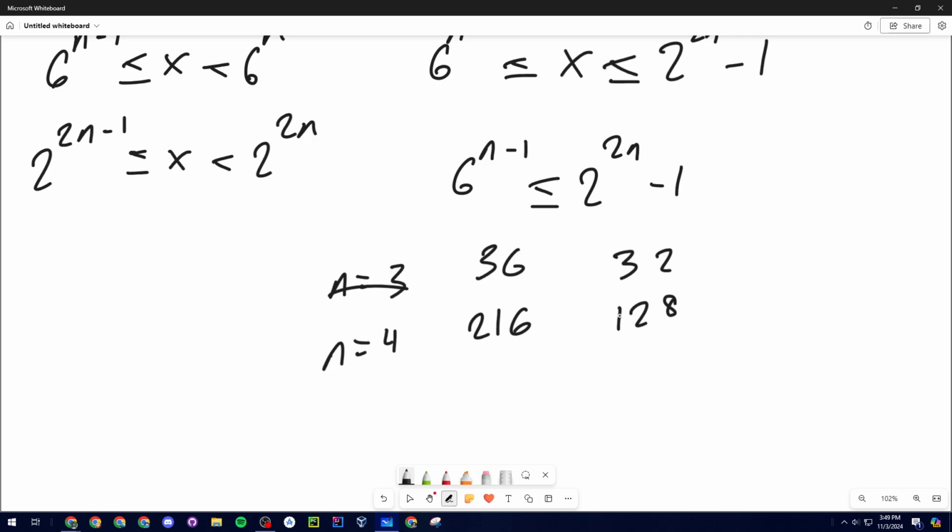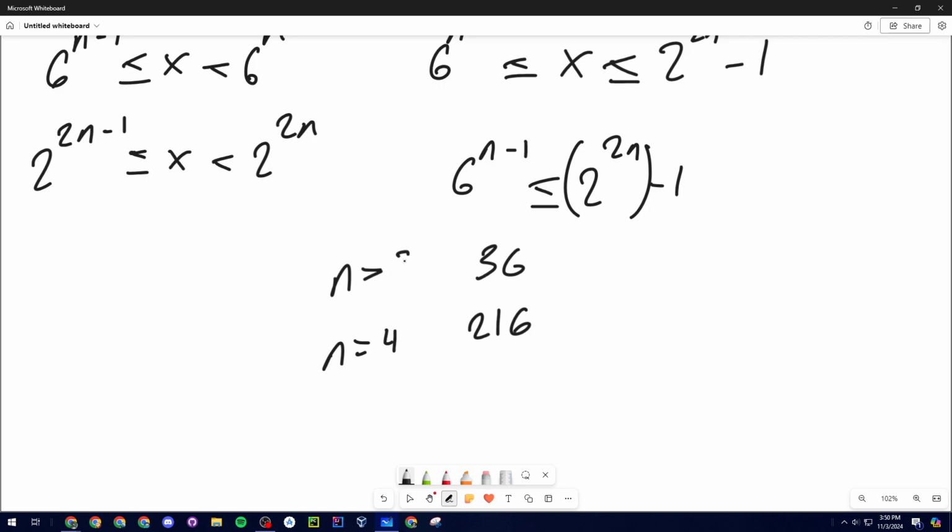Oh, I did do that wrong. Okay, so you have 2 to the 8 minus 1 is not that. And this is also not 32. Oh wait, yeah, I completely butchered that math. I thought it was 2 to the 2n minus 1. Oh wait, yeah, that was wrong. It's 2 to the 2n minus 1. Okay, if n is 3, then, wait, this changes a lot of things.